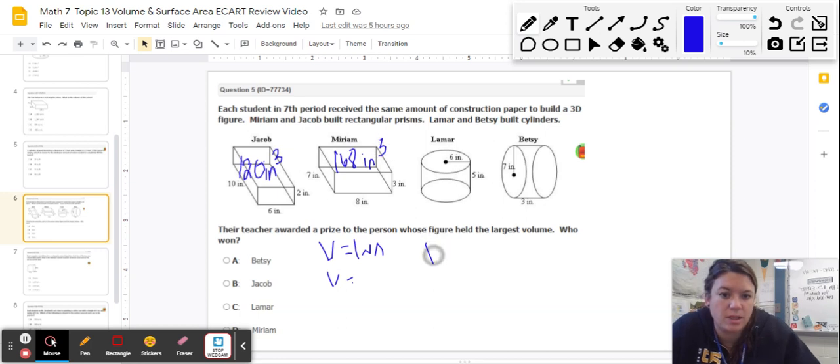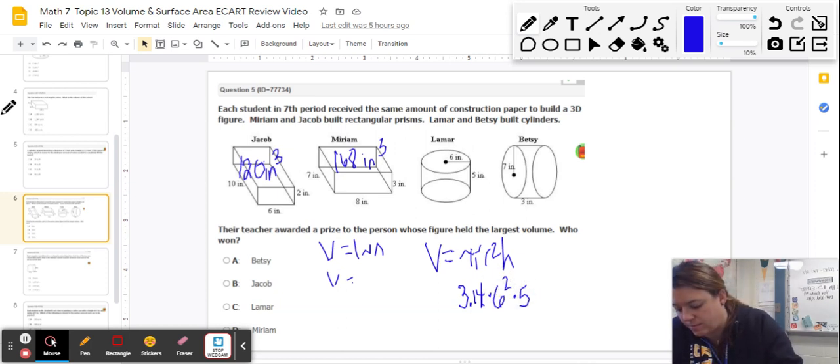And then this formula is pi times the radius squared times the height. So 3.14 times the radius, which is 6, squared times the height, which is 5. 565. Is that right? 3.14 times 6 squared, and then times 5. 565.